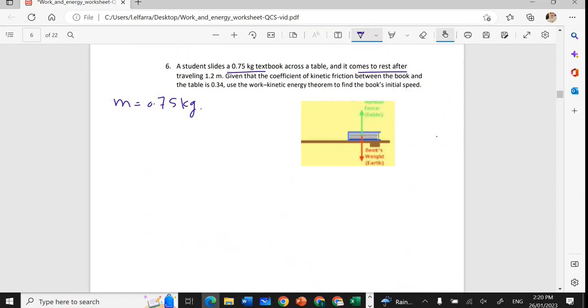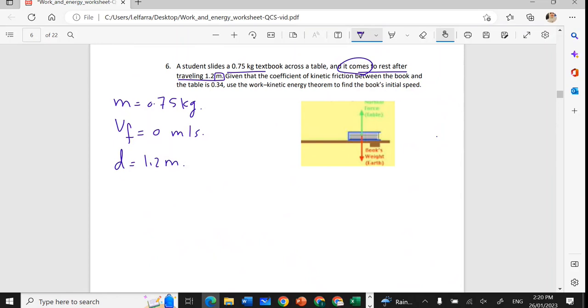That means the final velocity is 0. Now it travels 1.2 meter, this is the distance, so I have D or delta x equals 1.2 meter.